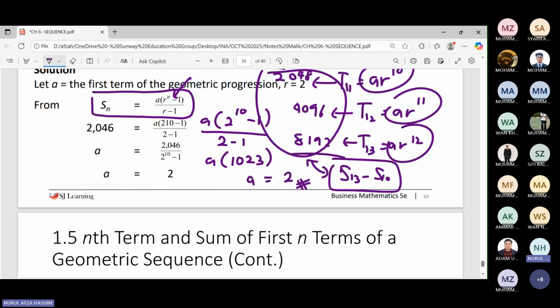Also you get the same answer. So you also get 14336. Okay, can.